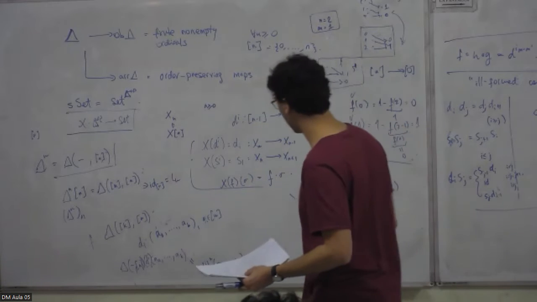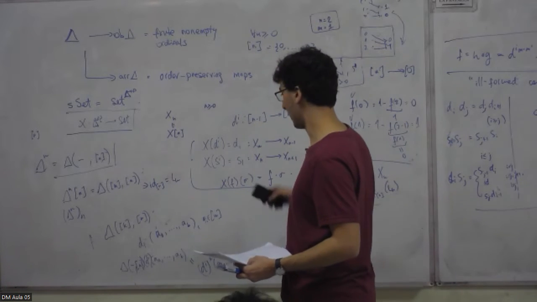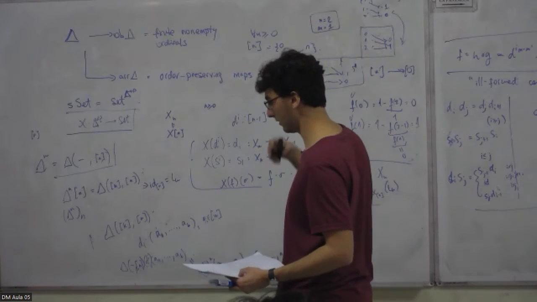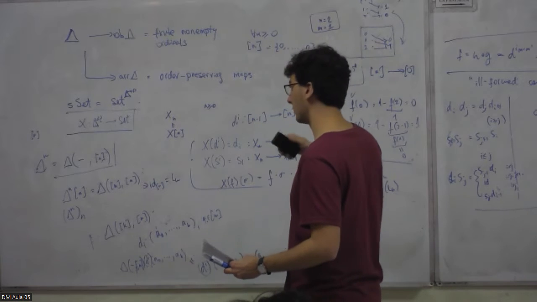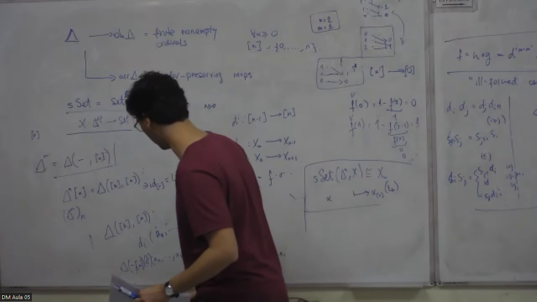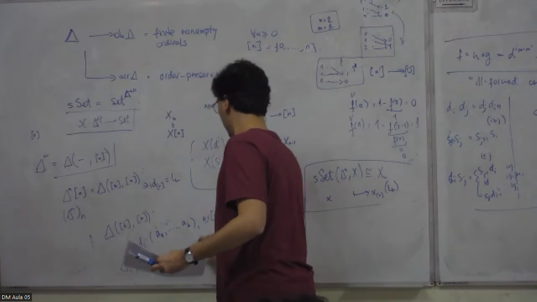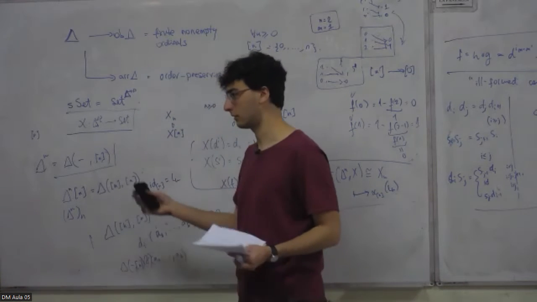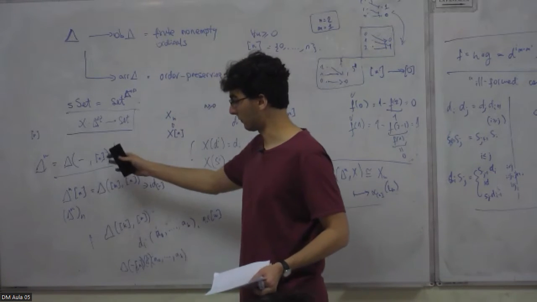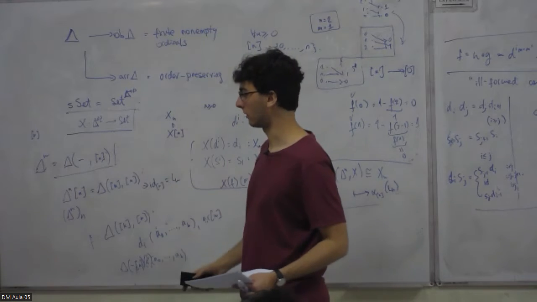The faces and the degeneracies act by deleting and repeating respectively. We are interested in this one because, as I said, it's the first kind of simplicial set you will think about.